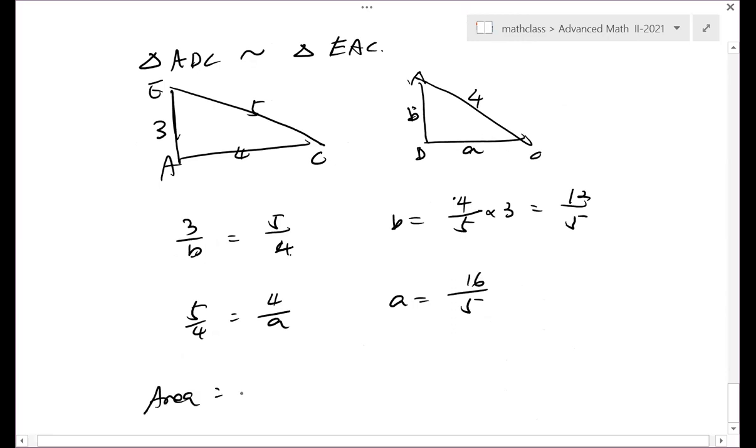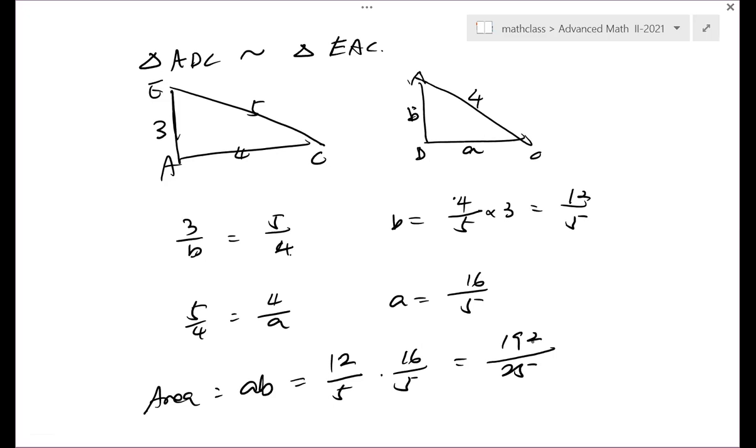So the area is going to be A times B, which is 12 over 5 times 16 over 5. So it's 192 over 25. Okay, so here we use similar triangles to solve the problem.